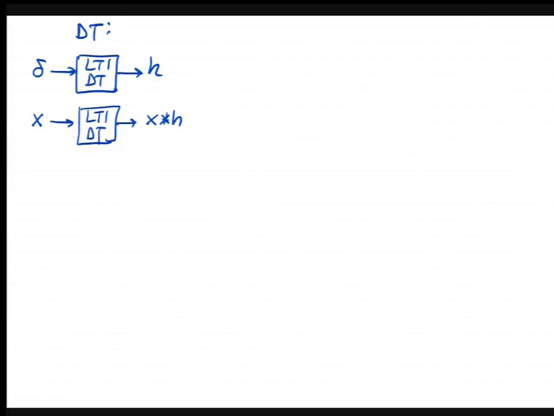Turns out the same thing is true in continuous time. Now you're applying the Dirac delta of t as the input signal to an LTI continuous time system, and define the resulting output as h of t.